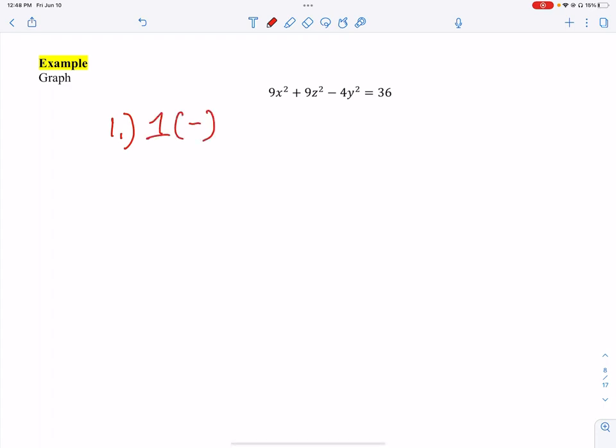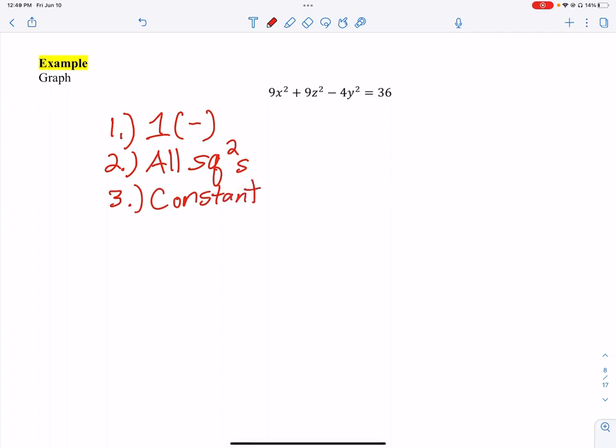All right, that was on the list. 2, there were all squares, all the power 2. We'll do this for shorthand for squares. All squares. And then the third thing was that there is a constant term. Yeah, there's a 36. So this is a hyperboloid.